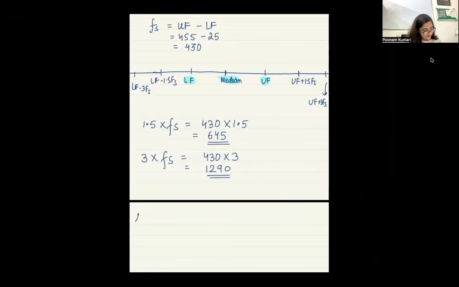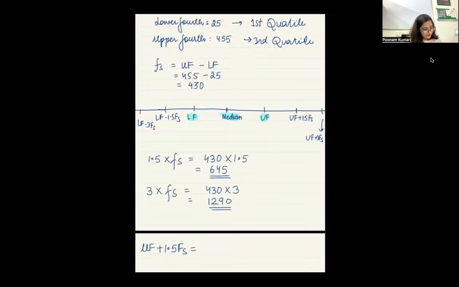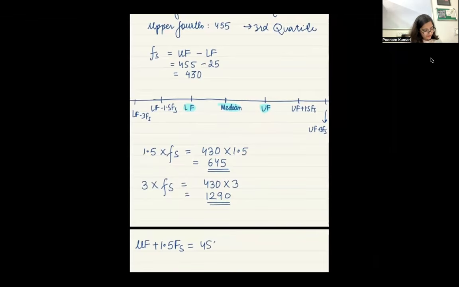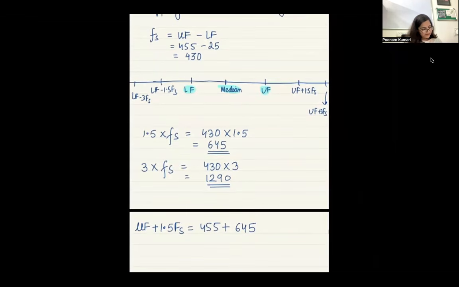So basically I have to find this: upper fourth plus 1.5 times Fs. What is my upper fourth? 455. What is 455 plus 645? This is actually 1100, right? Yes, ma'am.